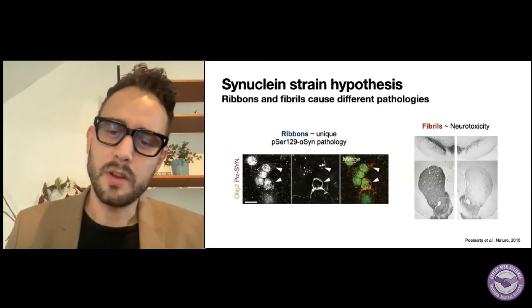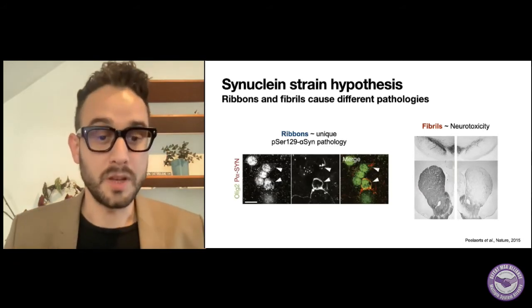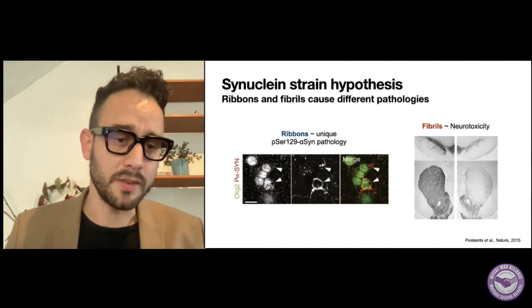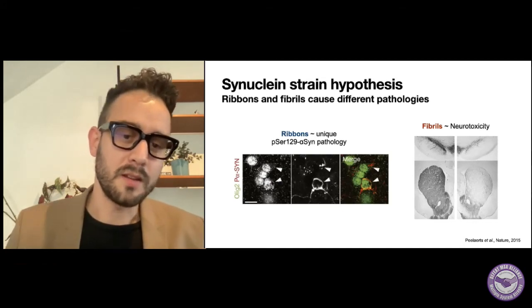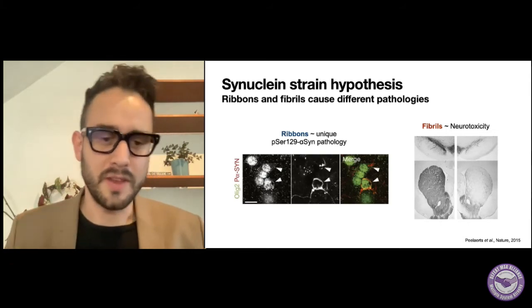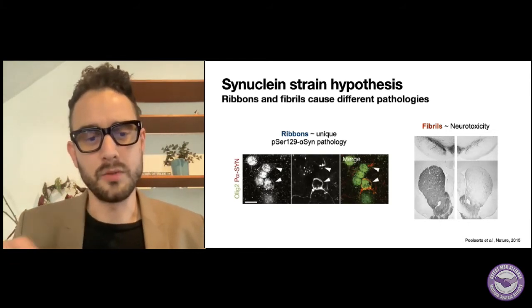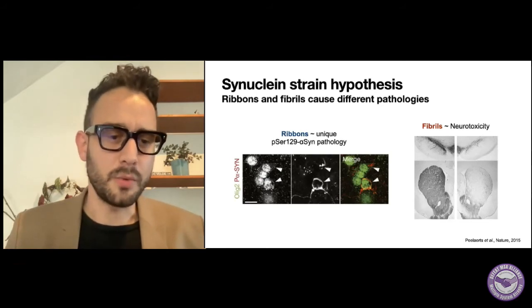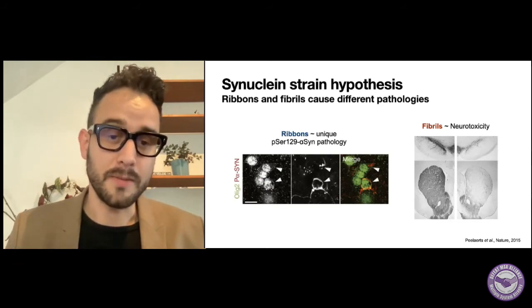So these fibrils caused very strong neurotoxicity, whereas these ribbons did not do this. Instead, these ribbons were causing a unique synuclein pathology, meaning that, again, when we looked inside the brain of these animals, we could find synuclein deposits in different cell types. But what was actually quite striking is that we also saw them in oligodendrocytes.